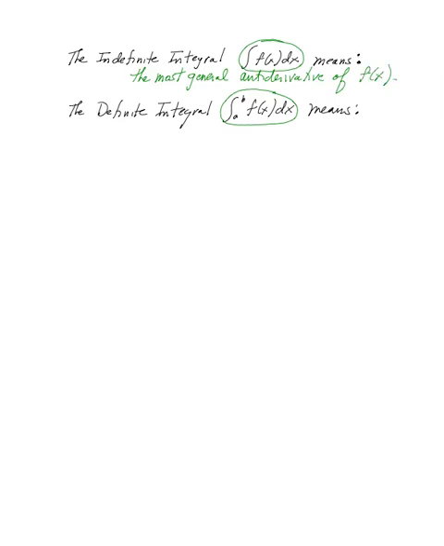So, for example, the indefinite integral of x squared dx is x cubed over 3 plus c, because the derivative with respect to x of x cubed over 3 plus c is x squared. An indefinite integral is not just a function, it's a family of functions because of the plus c.